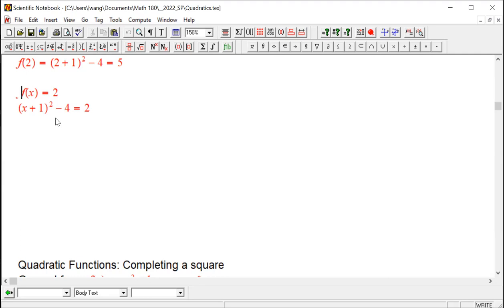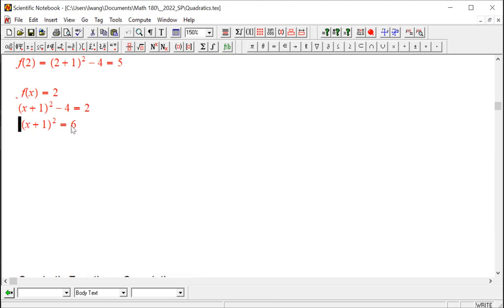So now let's solve it. We can pretty much use the same technique, adding 4 on both sides. So this equals 6. And then we take the square root on both sides. You already know where we are heading.